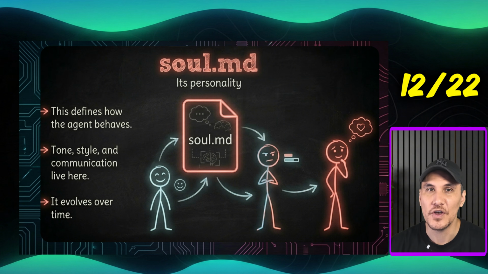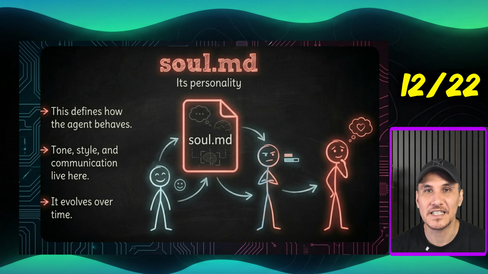For example, you might want one agent to sound very professional, clear, concise, and formal, just like a corporate assistant. Whereas another might be more creative, conversational, or even slightly blunt, depending on the role that you've assigned it. And all of that is controlled here. It influences how detailed the responses are, how they're phrased, and how the agent interacts with your day-to-day.